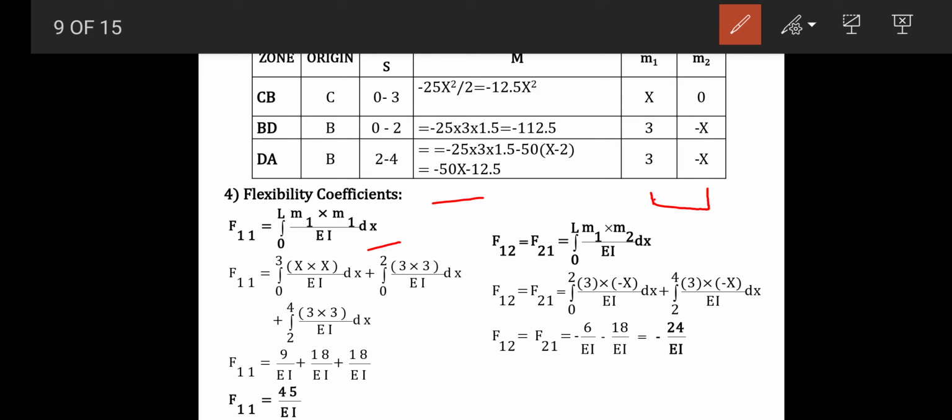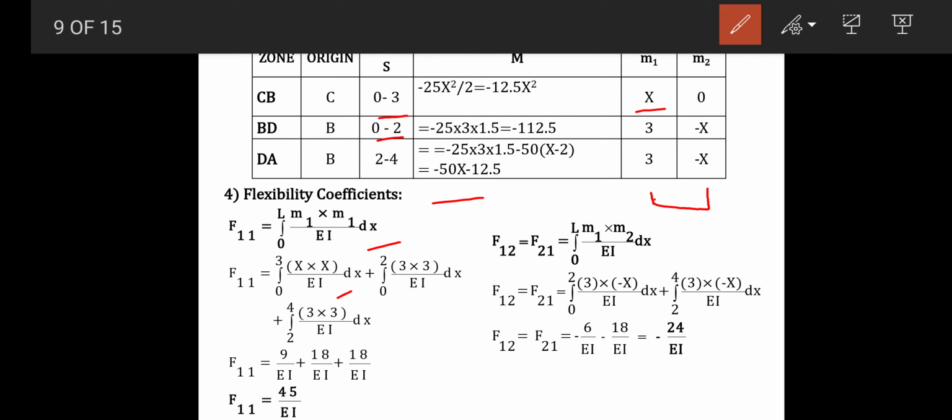Now consider all zones. Now let's see the first zone. For the first zone, the limit is 0 to 3, and the value is x. So m1 into m1 becomes x into x divided by EI into dx, and the limit is 0 to 3. The second zone is 0 to 2, these are the limits.